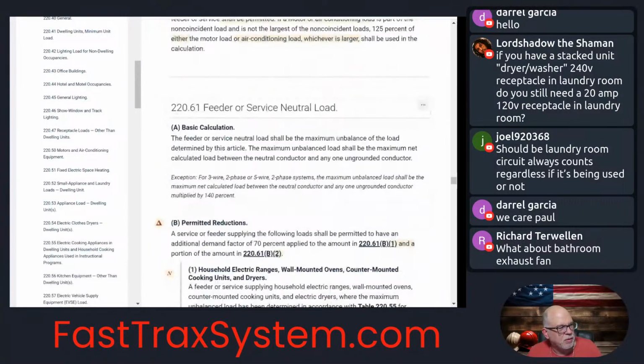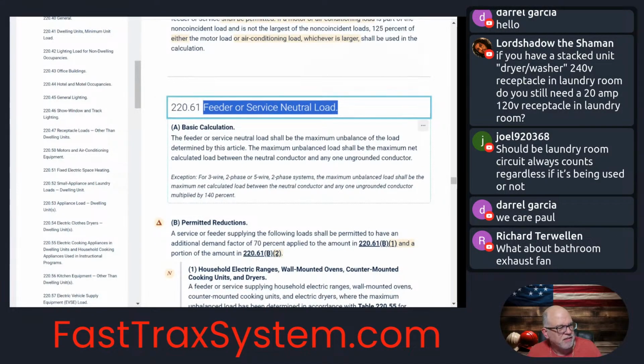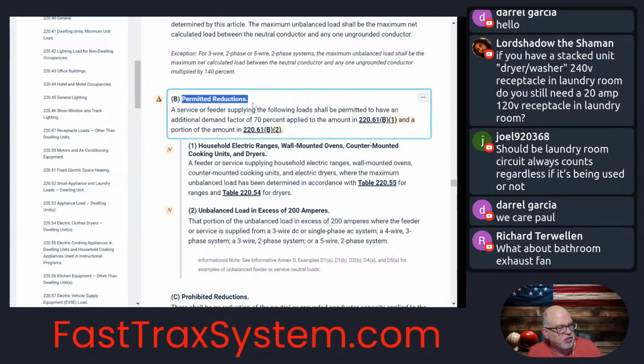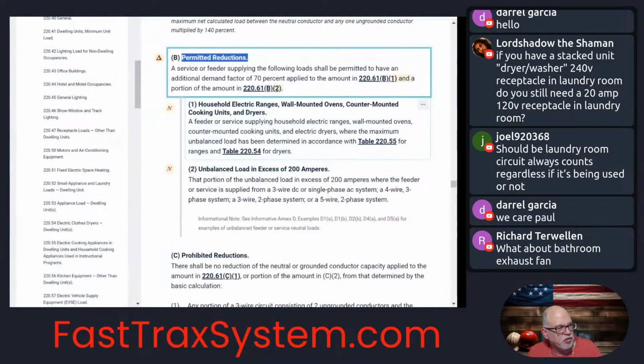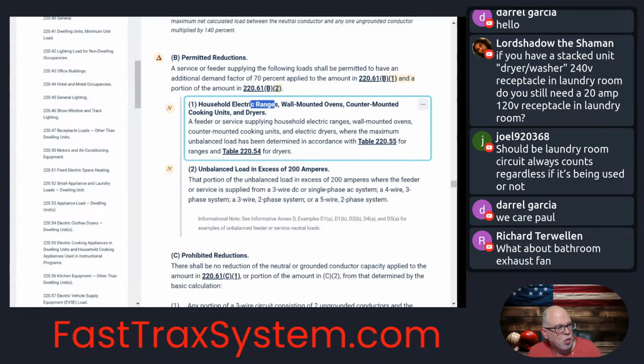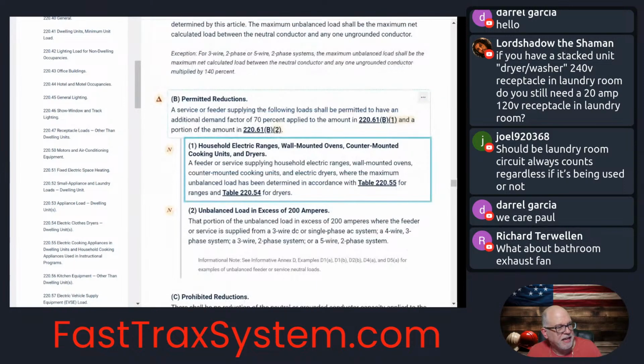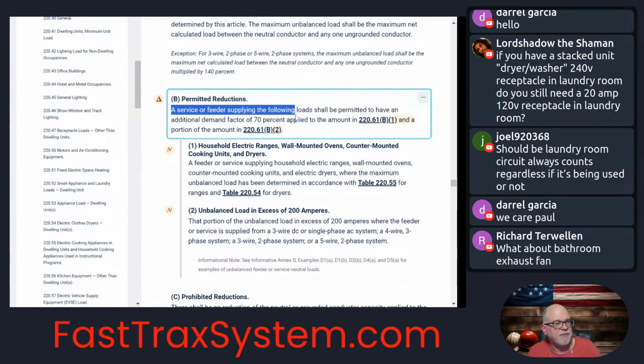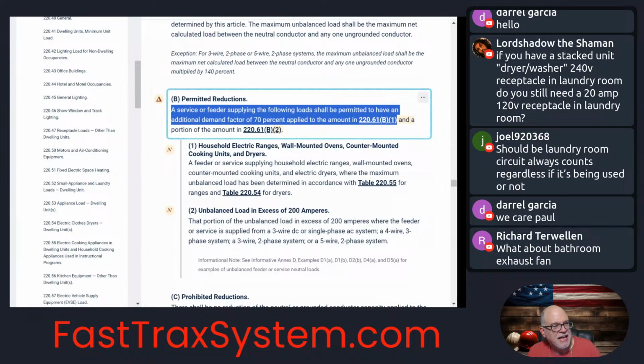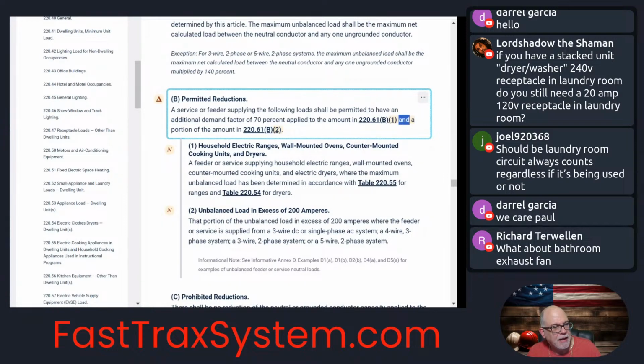So here we're dealing with the feeder or service neutral load. Here's B, permitted reductions. And here you see for the dryer, for ranges, wall-mounted ovens, counter-mounted cooking. It says, up at the beginning, a service or feeder supplying the following loads shall be permitted to have an additional demand factor of 70% applied to the amount in 220.61(B)(1) and a portion of the amount in 220.61(B)(2).